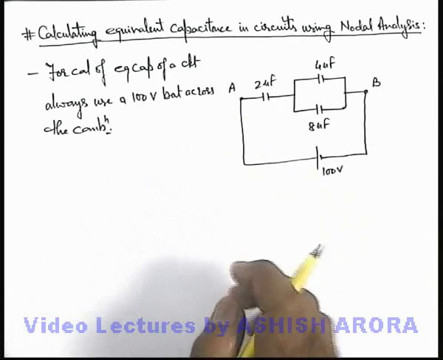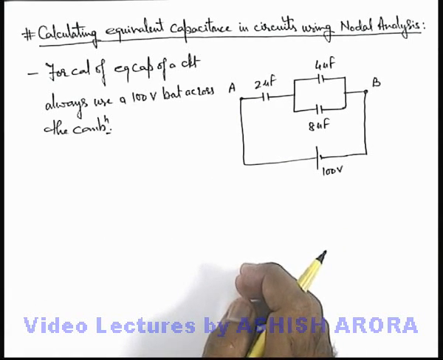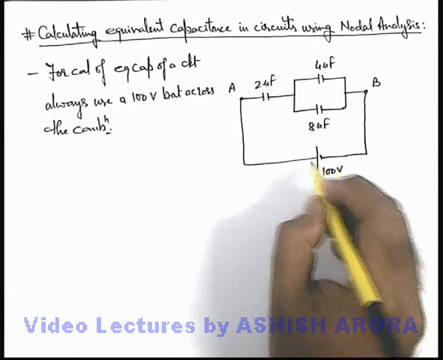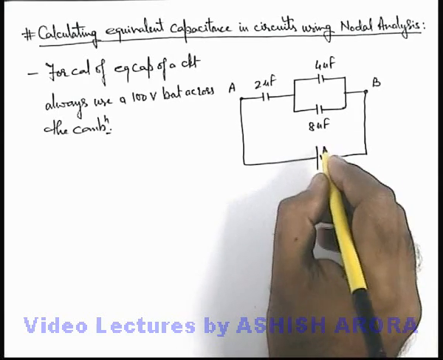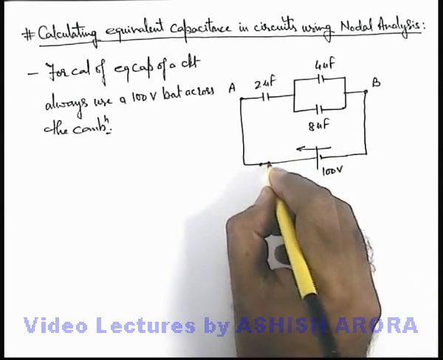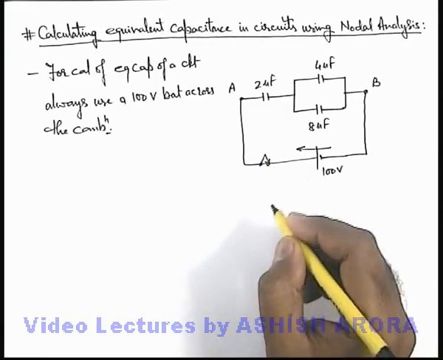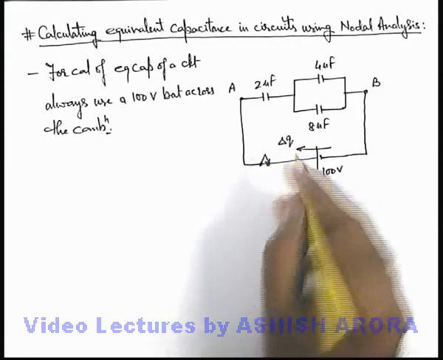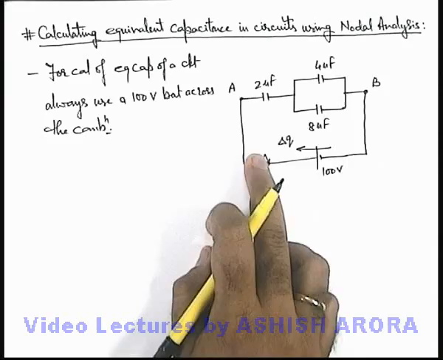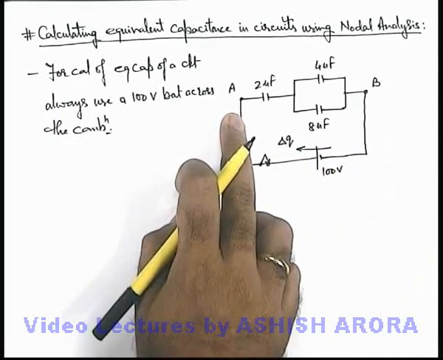Now, once I've connected the battery, I'll try to calculate how much charge will flow through this battery due to its connection. Say I have a switch, and if I close the switch, a charge delta Q flows through the battery from one side to another.